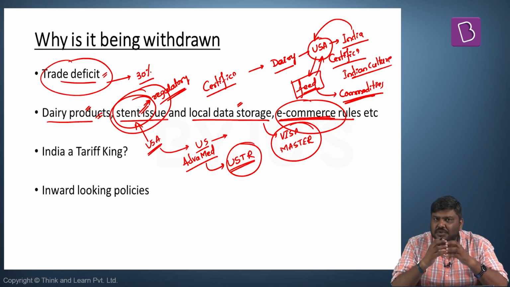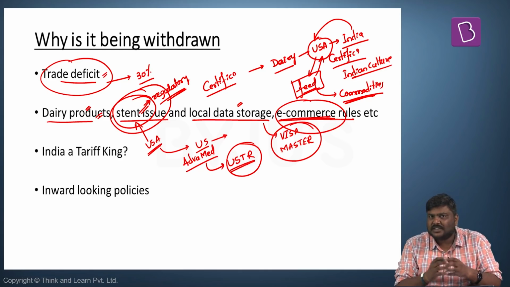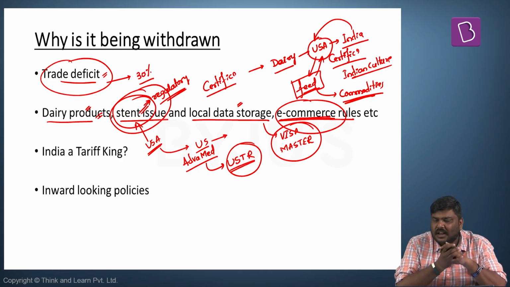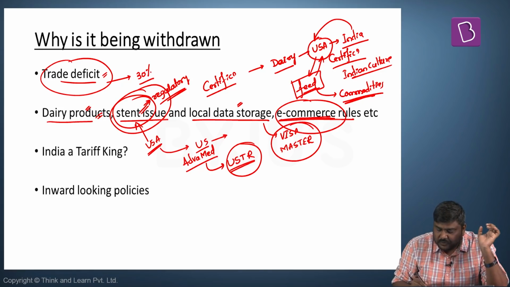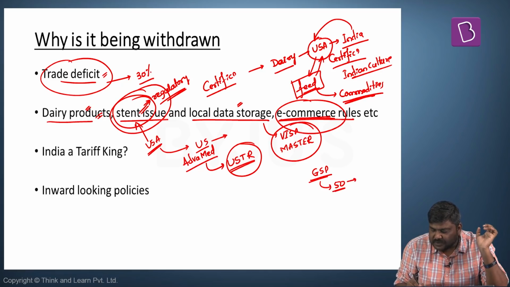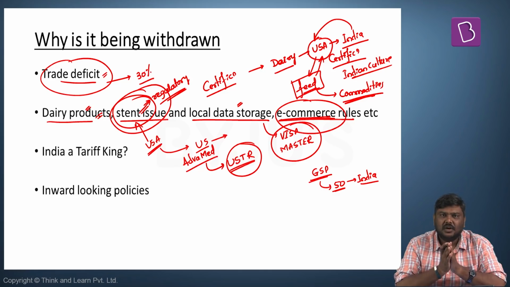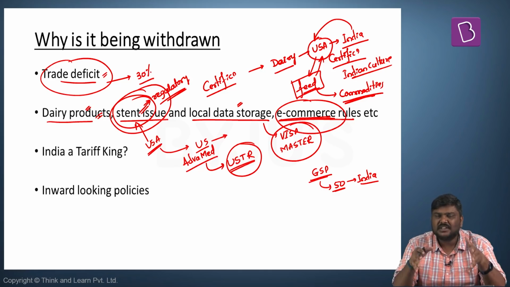So these are some of the issues of friction which have led to certain disputes between the Government of India and the Government of USA. Earlier last year, the Government of USA withdrew the GSP status given to around 50 products or exports from India. And now it has decided to withdraw the whole GSP status given to any kind of exports coming from India.